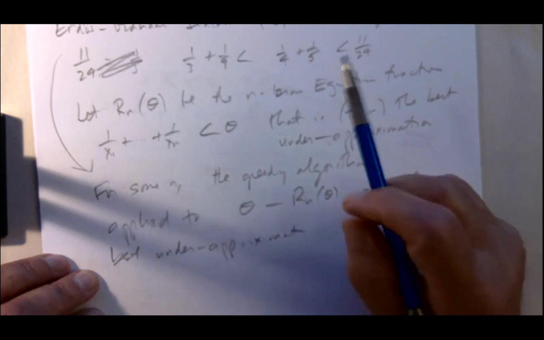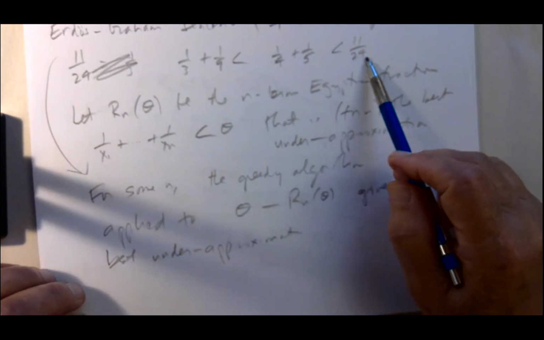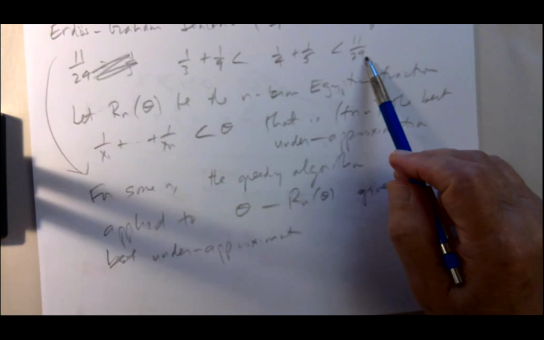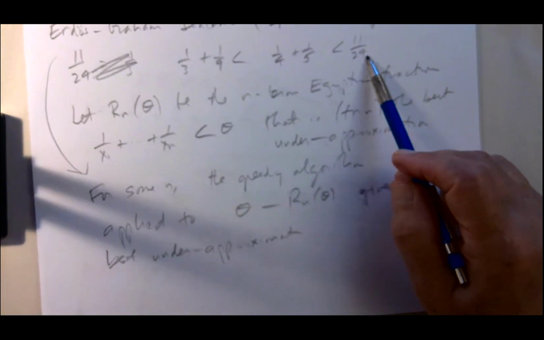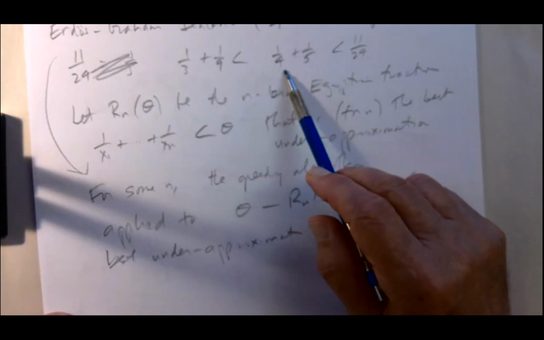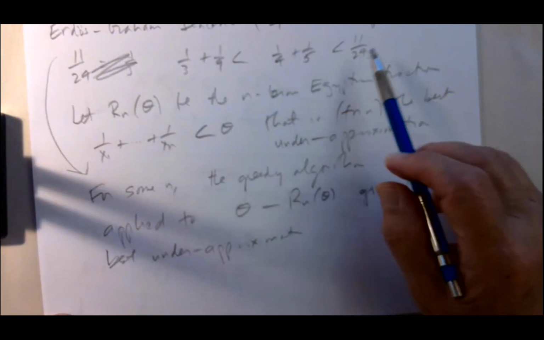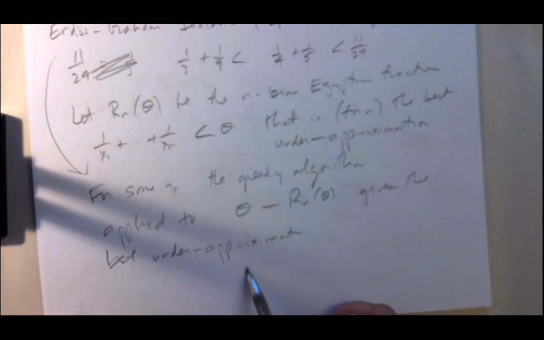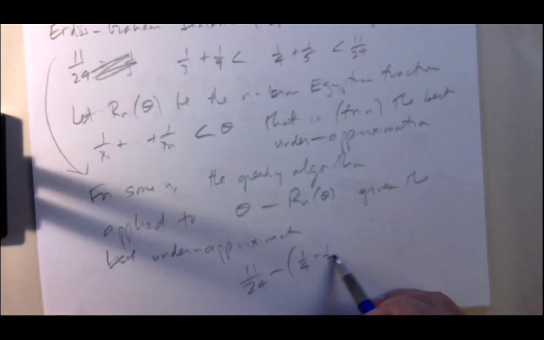For example, for the number 11 over 24, the greedy algorithm doesn't give you the best under approximation for all n, it fails for n equals 2. But it might be that if you take 11 over 24 minus a fourth plus a fifth, and you apply the greedy algorithm to this, from this point on you always get the best under approximation.